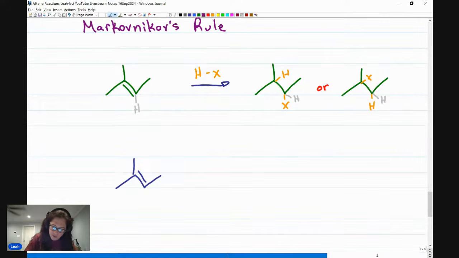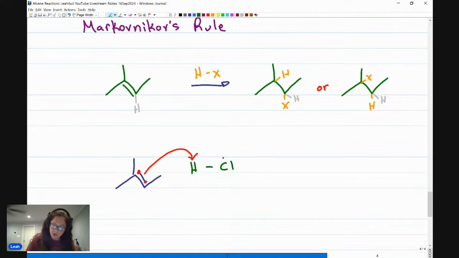And so the way we'll show this is the pi electrons right here will reach for, we draw an arrow towards the hydrogen. Why specifically the hydrogen? Because if you think of HX, let's make it HCl for a hydrohalogenation mechanism.